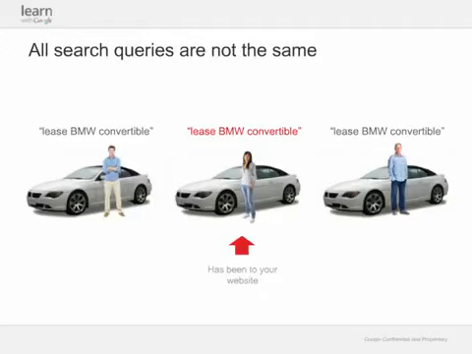But these people are very different to the advertiser in terms of value, because specifically the person in the middle here has been to the advertiser's website before. And this is a very strong signal in search to give insight into not only where the user might want to come back to on the website and what they're looking for, but also just their overall value, how likely they are to convert.